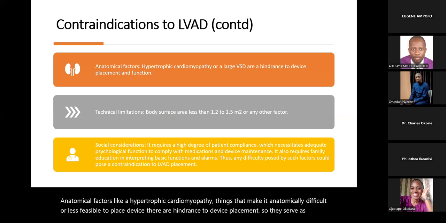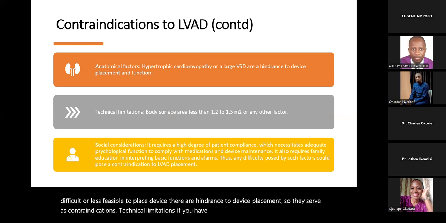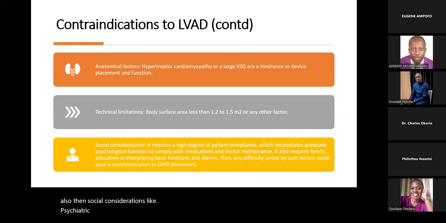Technical limitations, such as people with small body surface area. Then there are social considerations like psychiatric illness, inability to comply with checkups and maintenance, and lack of family or psychosocial support. All these things could also pose contraindications in selected patients.